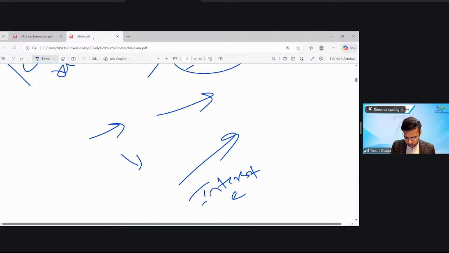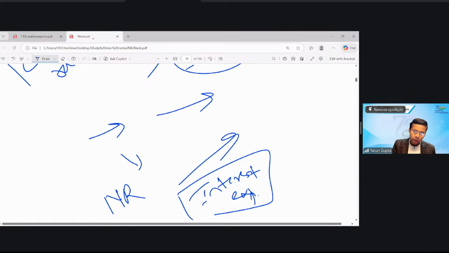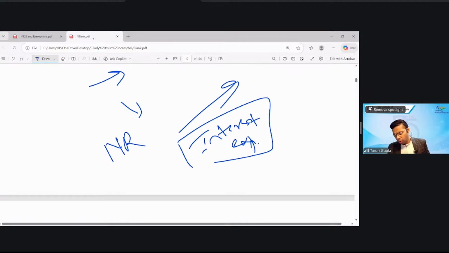Now a major share of this interest expense goes out to non-residents, foreign companies, and foreign governments. As we discussed, the interest payable by the government is always deemed to accrue or arise in India, and therefore the non-resident is taxed, whether they receive interest from the government or from Indian companies.